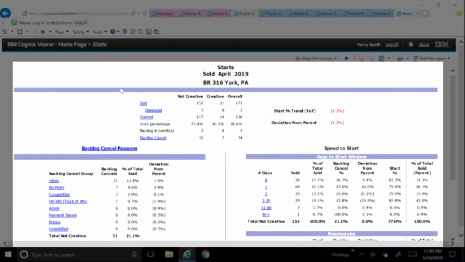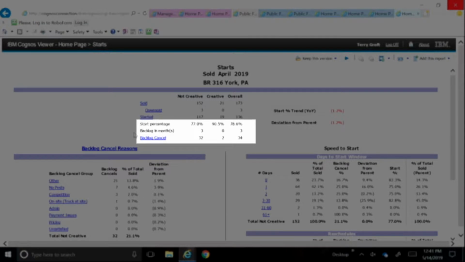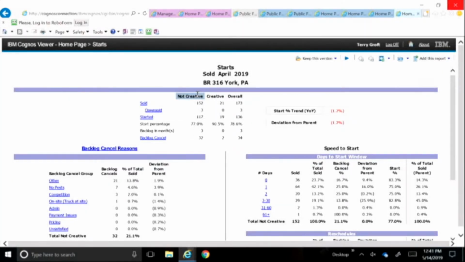So even several days into May, we could still have services that are in backlog but not yet started. In this case, there are 3 services that are not created that are still sitting in backlog that were sold in the month of April.